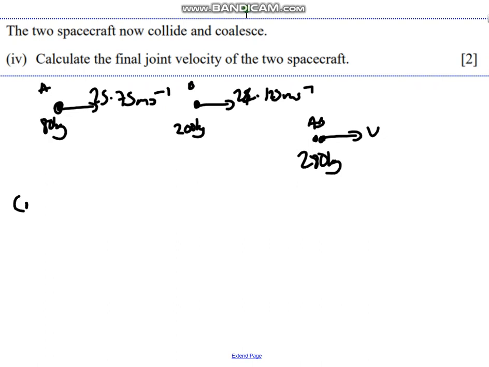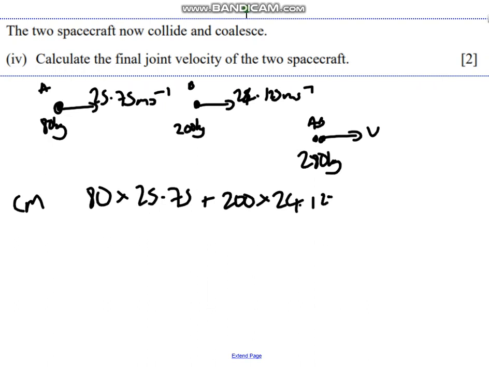So we can just use conservation of momentum for this, and so we've got 80 times 25.75 plus 200 times 24.125, that's going to be equal to 280 V. Just working that out and dividing by 280 gives us V is equal to 24.6 meters per second.